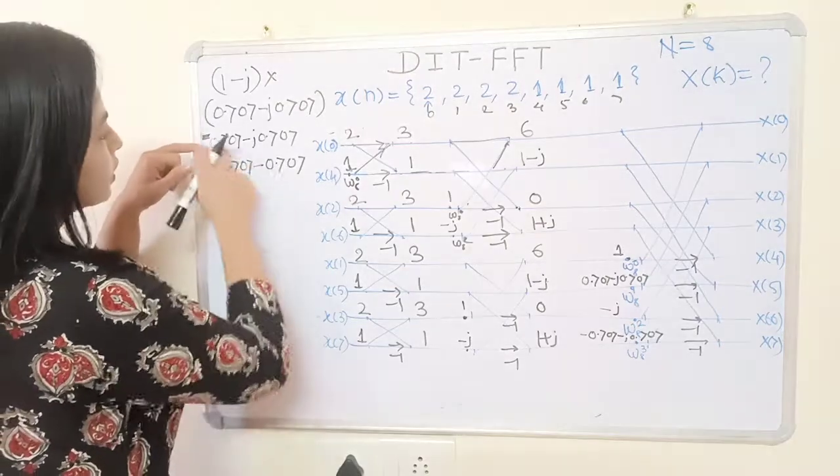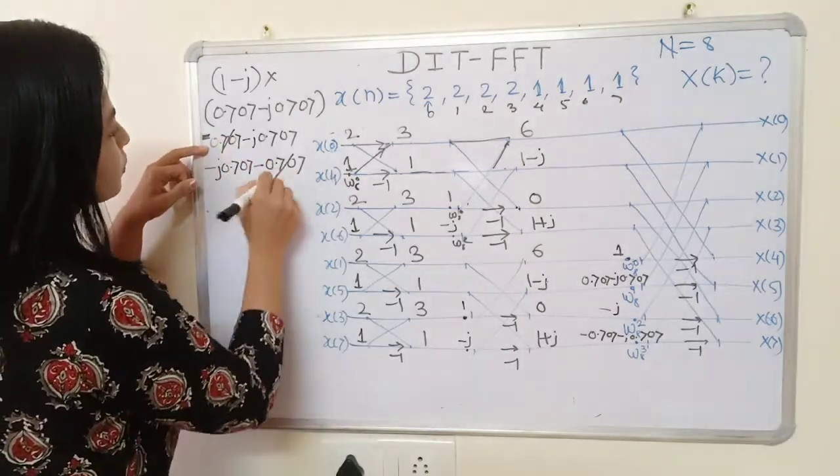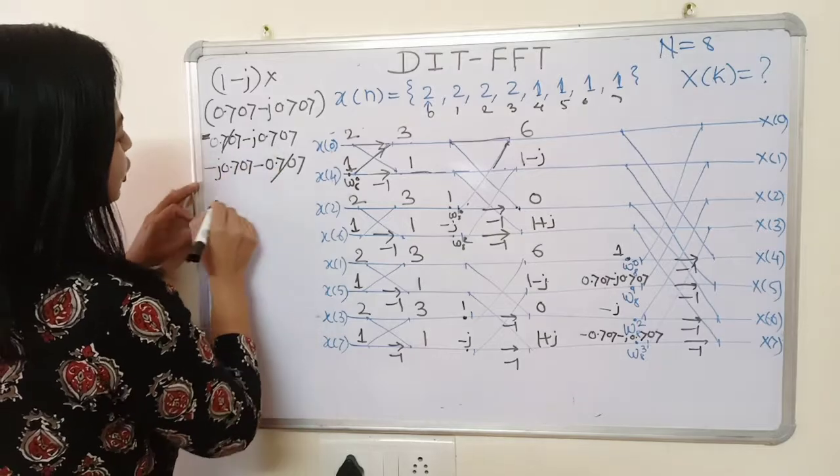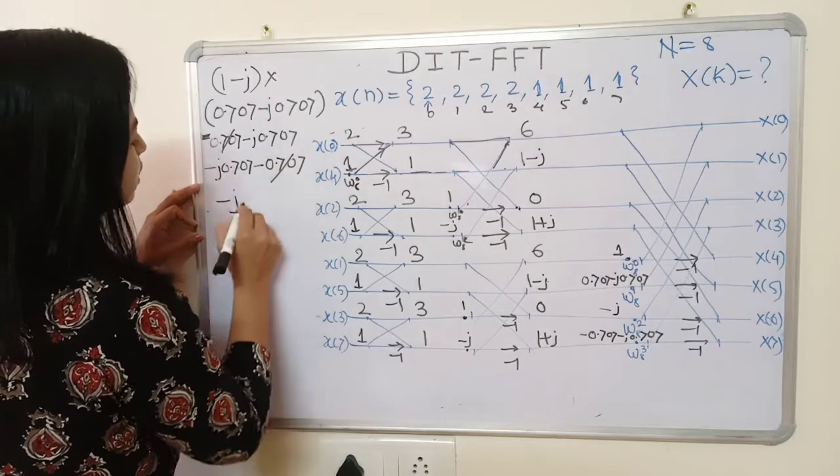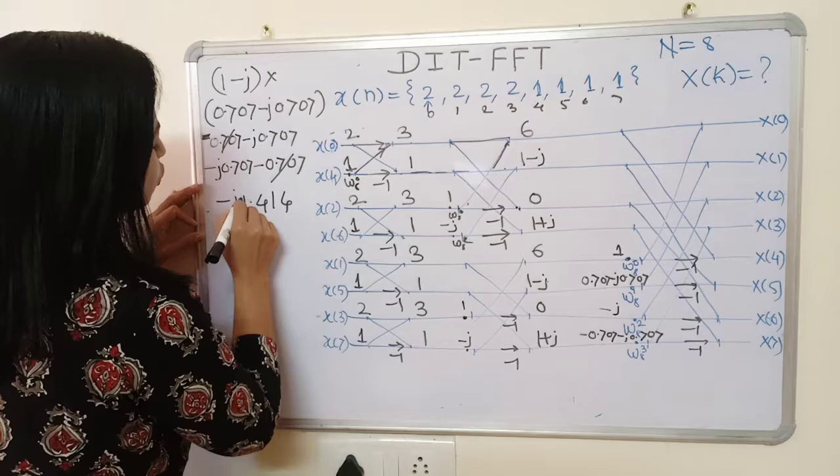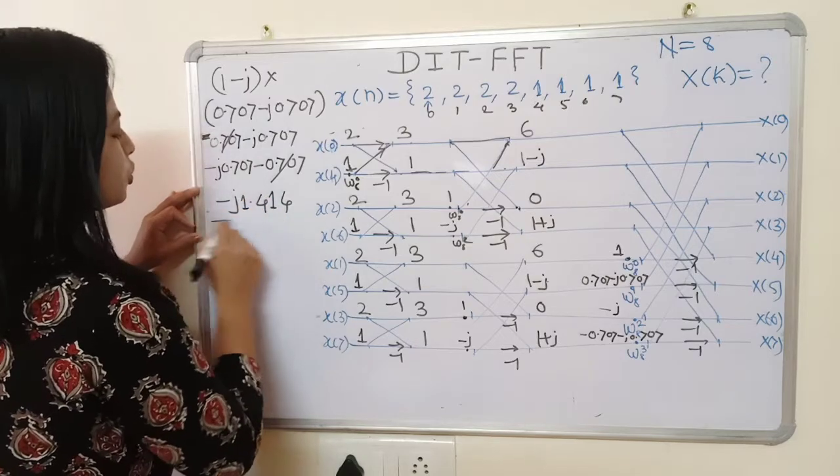So this minus this, it will become 0. Now minus j, this plus this, 1.414. Okay, so this is our answer.